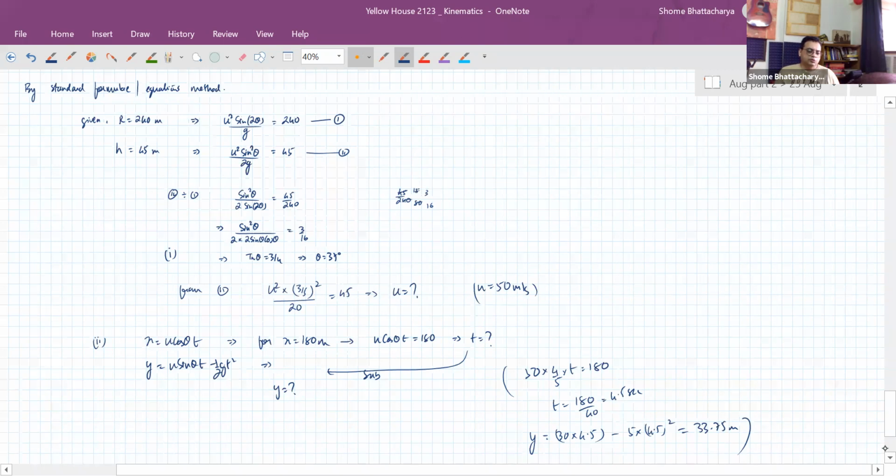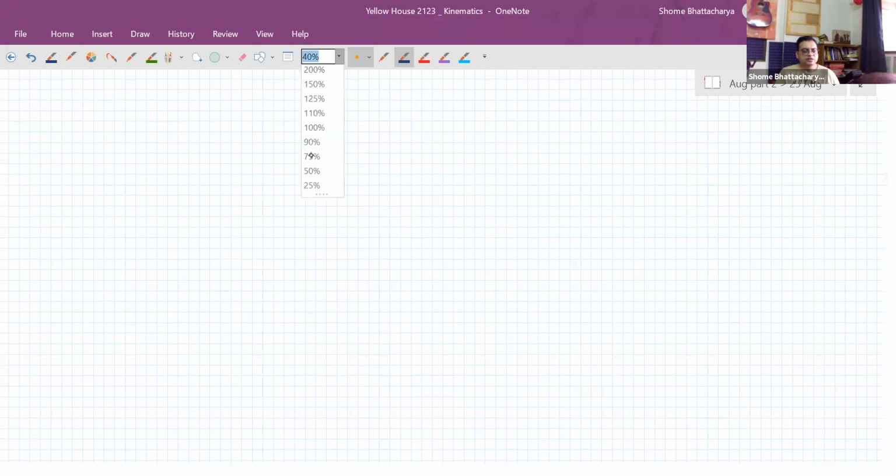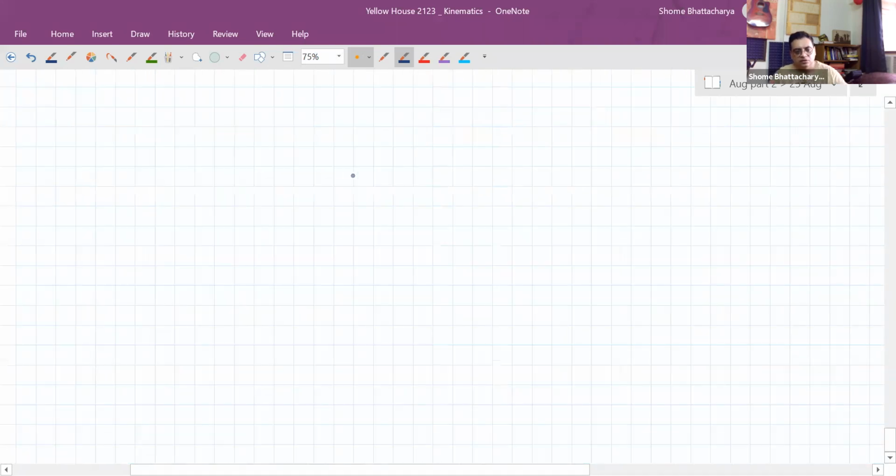Okay. Now we move on to the second aspect of projectile motion. So far we've seen the standard projectile motion, where projection is happening from a horizontal plane and the object projected is coming back to the same horizontal plane. Now we look at the second part of projectile motion, where the projection is done from a heighted point, or from a height above the ground.